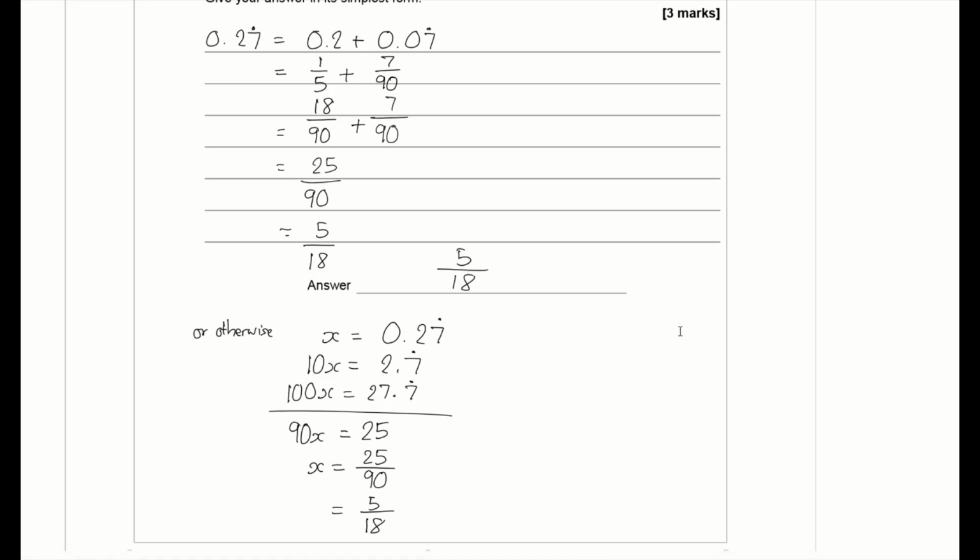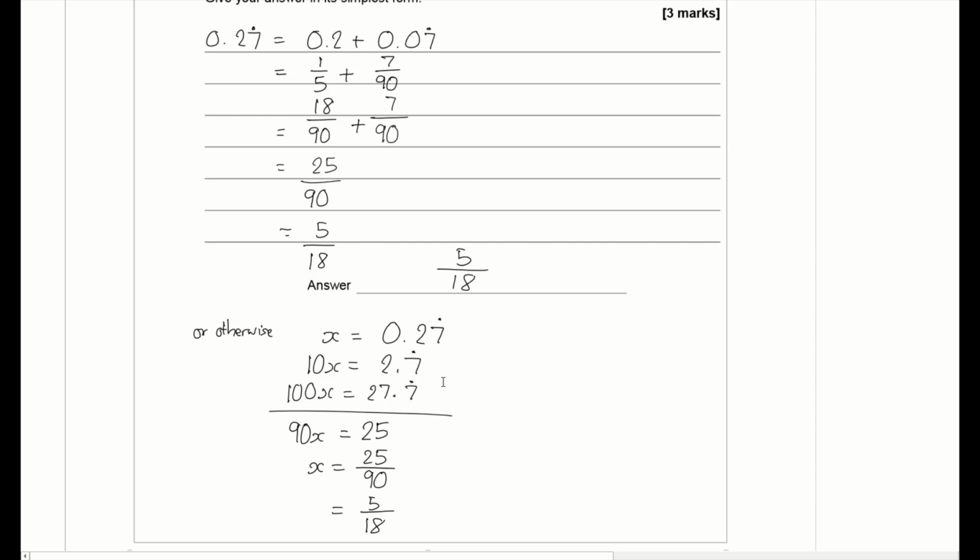But if we get 10x, that will just move the decimal point one place, so it becomes 2.7 recurring, and now we do satisfy the requirement such that the post-decimal part is a repeating unit, 7777 to infinity. Now we need another one. Well, if we times by 10 again to get 100x, we'll now get 27.777 going on to infinity. And you'll notice we have another recurring component, but it also perfectly matches the one above it.